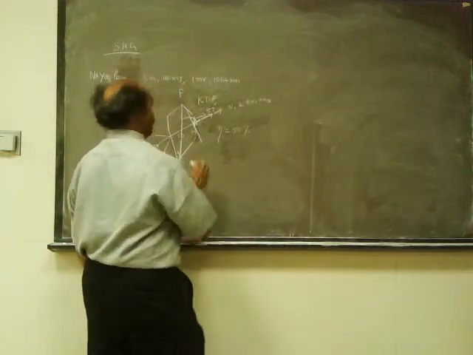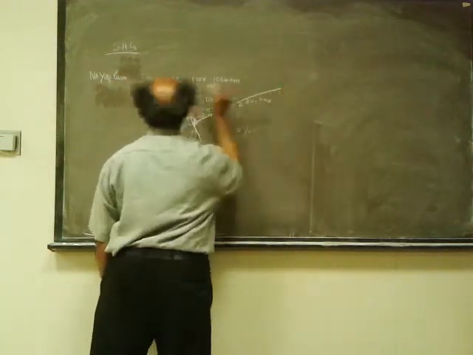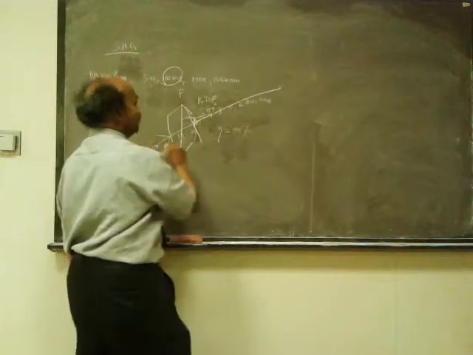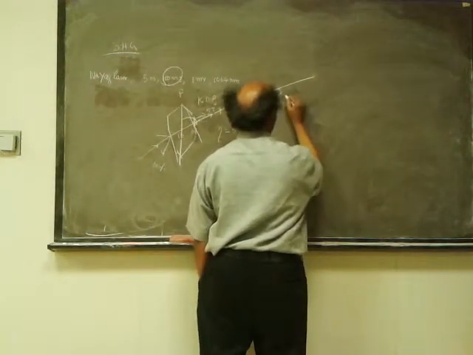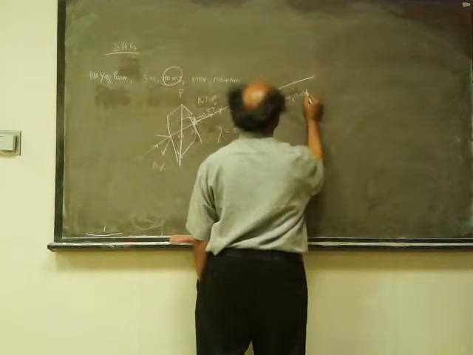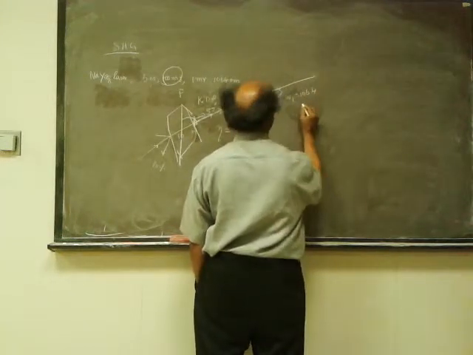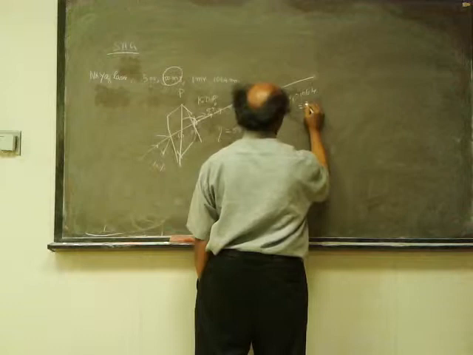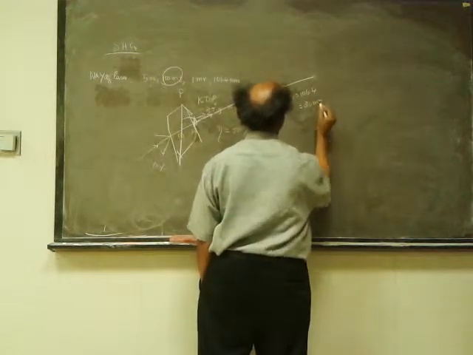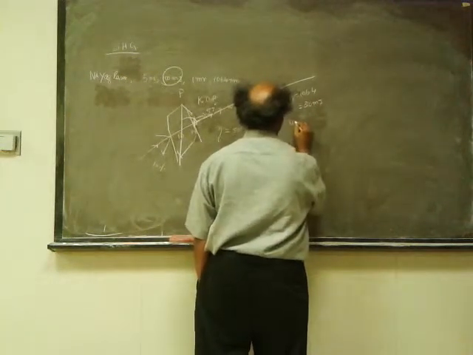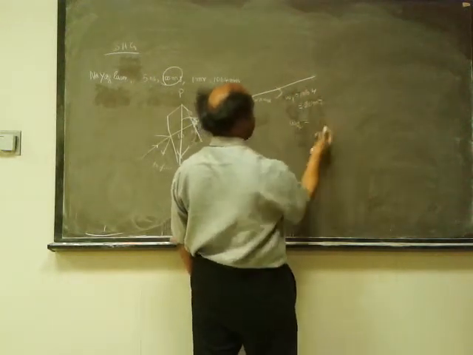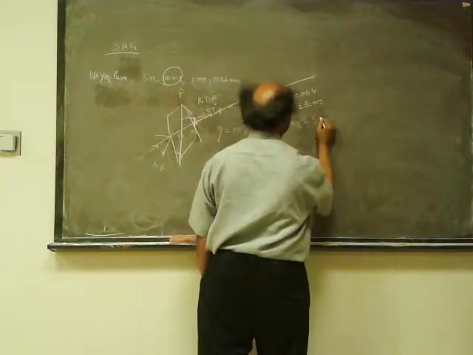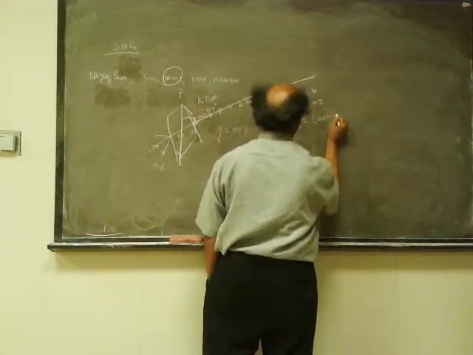Now, what comes out usually, let us say I start with 100 millijoule. What comes out will be omega 1, which will be 1064, and this energy will be about 20 millijoule. Omega 2 will be twice the frequency or half the wavelength, that will be 532 nanometer.